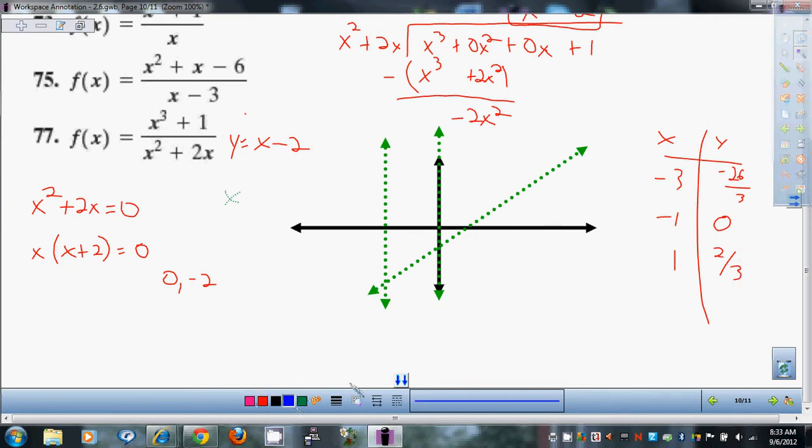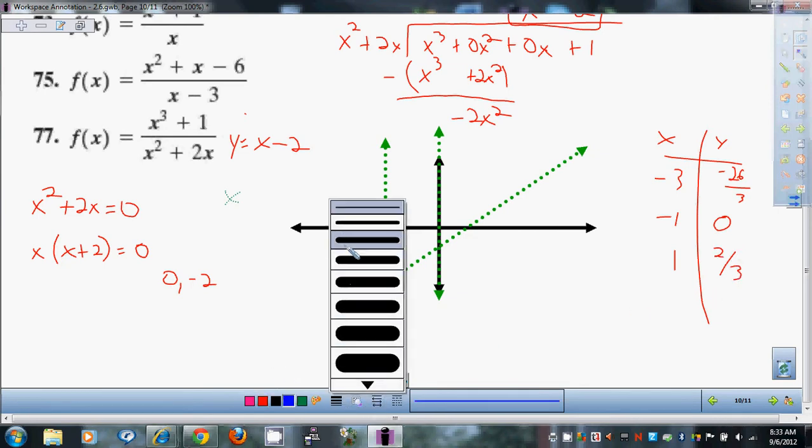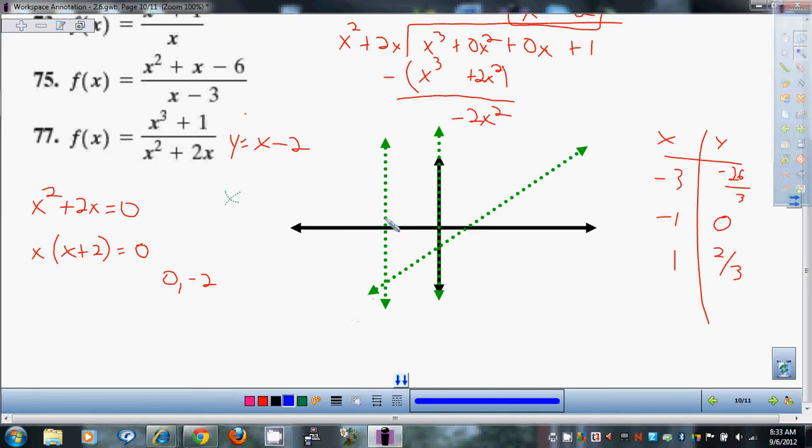Now I'm going to plot these points, and I can use those very few points to figure out where the rest of my graph is going to be. Negative 3, negative 8 2/3 will be down here somewhere, so it's going to be below that slant asymptote. Negative 1, 0, and 1 comma 2/3, which is here-ish. So I can use that to make the following assumptions, because it's not going to cross my asymptotes.